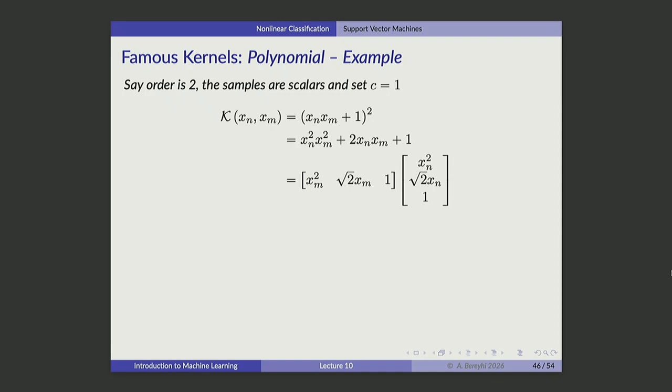The coefficients that you see here, 1, square root of 2, 1, are just imposed by the choice of kernel. But those of you who work with neural networks, and we're going to have it in this course also, know the whole magic of neural networks is when you can play with the weights. So it doesn't mean that if I take it to the higher dimension, necessarily I'm going to get a good representation.